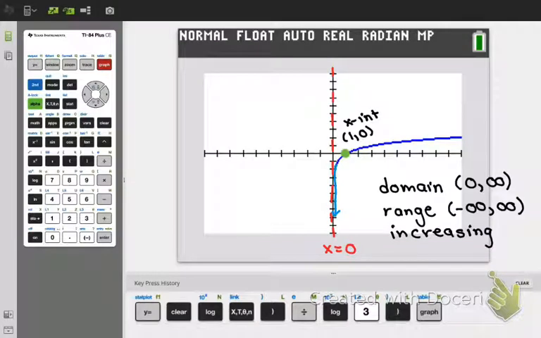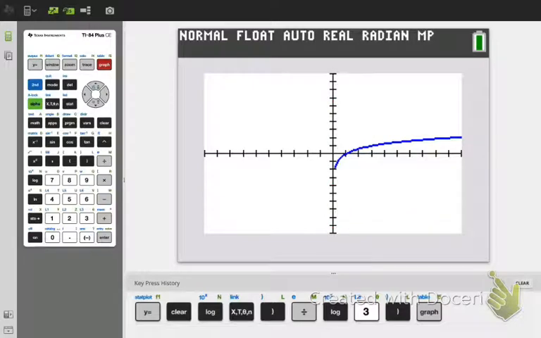So you're hopefully starting to maybe see a couple similarities between these first two graphs. They've got that vertical asymptote. They're increasing. They go through that x-axis at (1, 0). Those are going to essentially be those common features that we have amongst these logarithmic graphs. All right, let me clear that out.